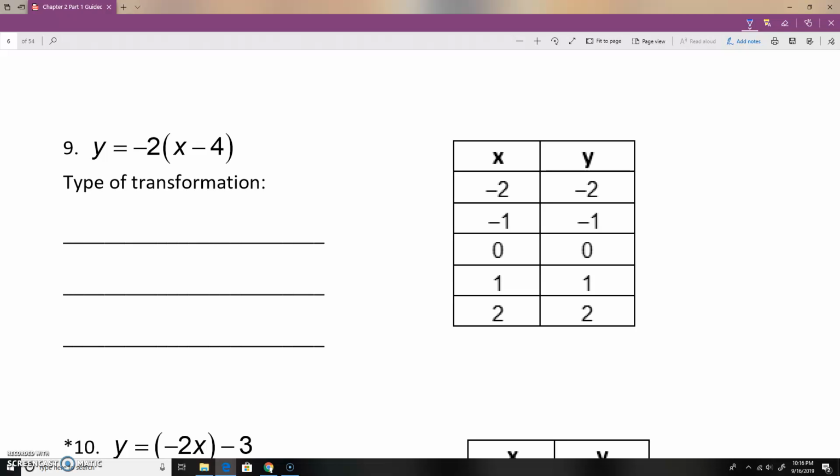All right, number 9, we've got an a value of -2, and we've got a c value of -4. All right. So that a value actually now does a couple things. Because it's negative, it's going to reflect across the x-axis.